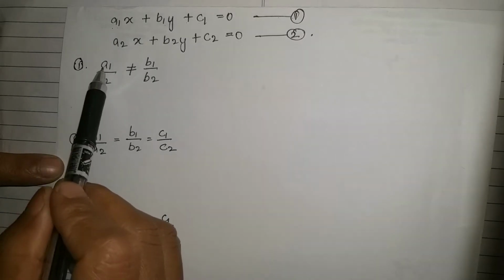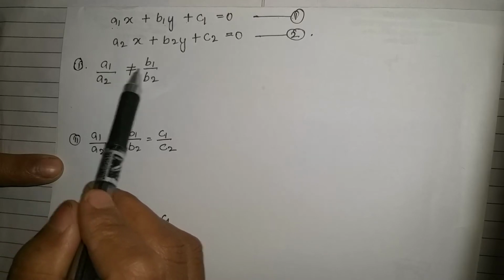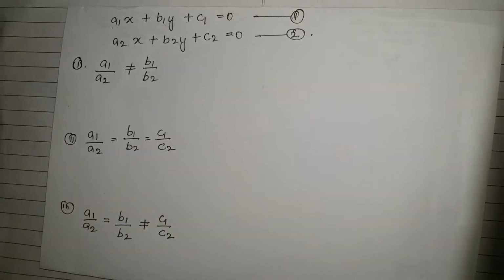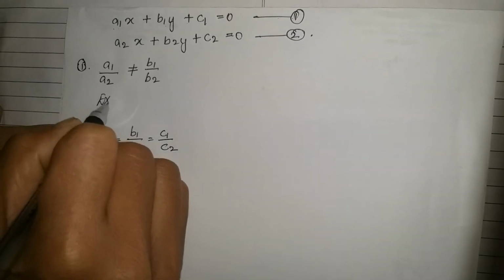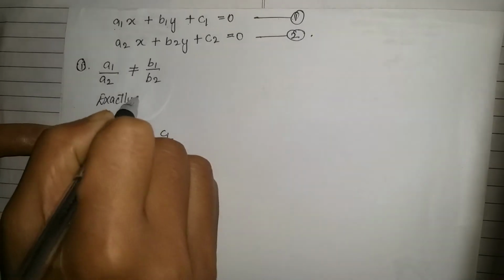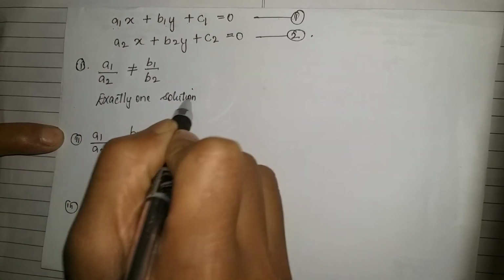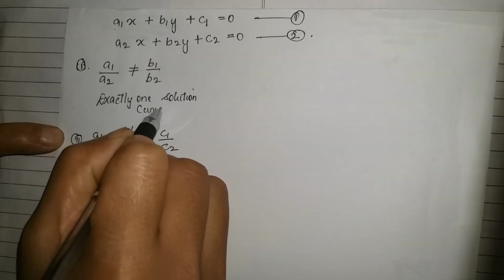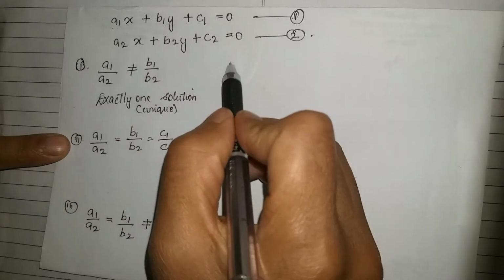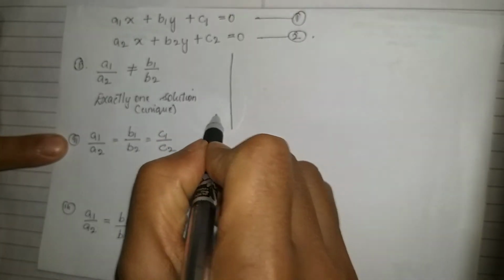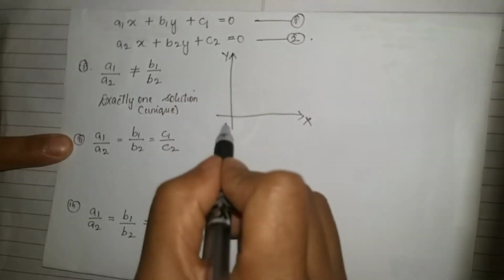Now, if we have the ratio a1 by a2 not equal to b1 by b2, then in this case we are going to have exactly one solution, or our solution is unique. The graphical representation of this will look like this. Suppose this is the x-axis, this is the y-axis, and the origin.